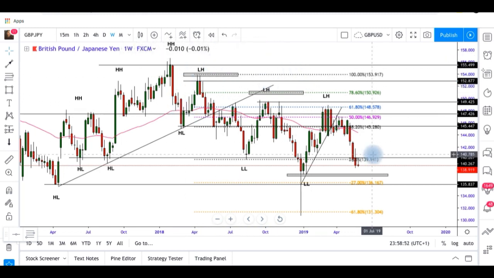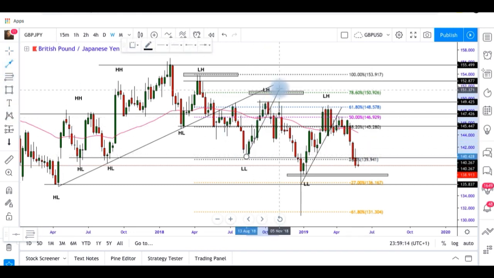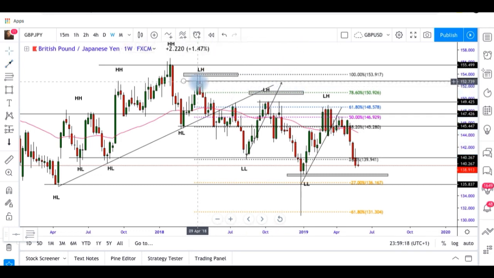So you can actually use the 78.6 and the most recent swing point as benchmarks and levels to ensure that you stay below these levels to maintain the bearish pressure. Now, obviously, if price actually came up like this, you still need to get through this recent point.